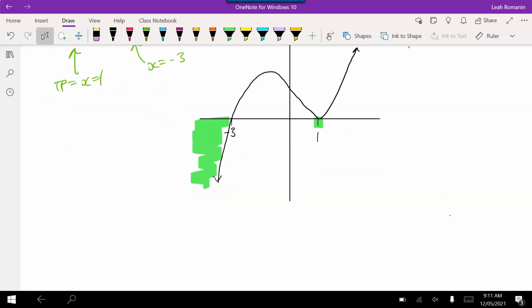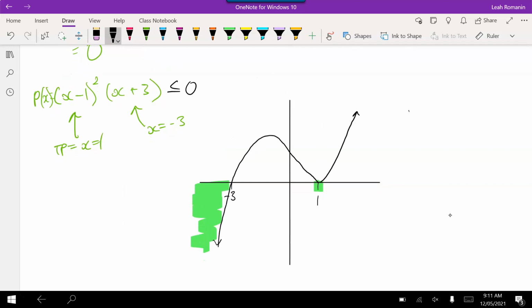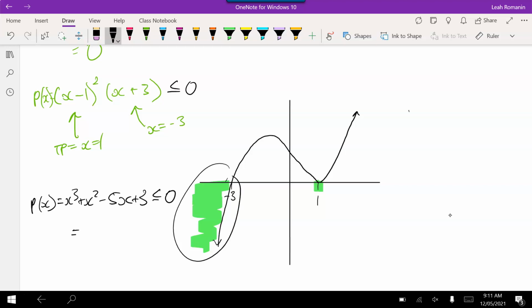So when we are solving our polynomial, I've got x cubed plus x squared minus 5x plus 3, which is the polynomial we started with, less than or equal to 0. This is going to be equal to, so for this portion of the graph, I'm going to go from negative infinity up till negative 3, inclusive.